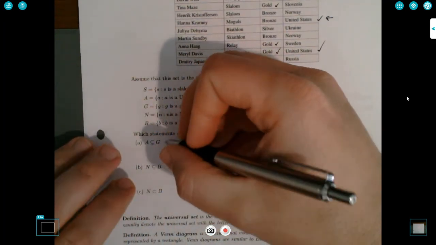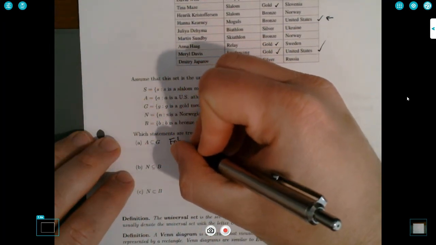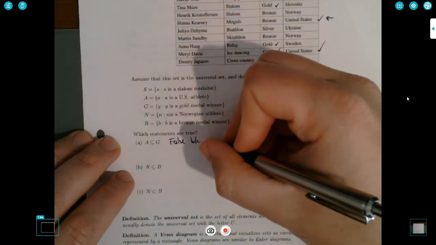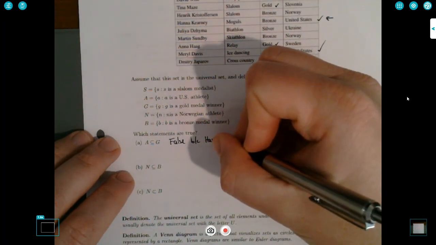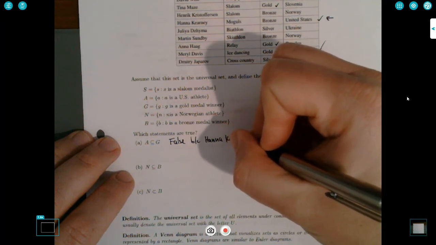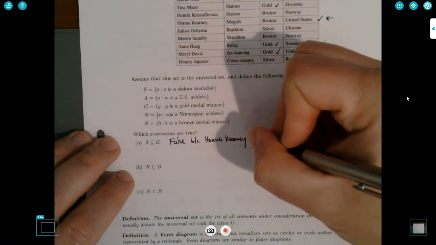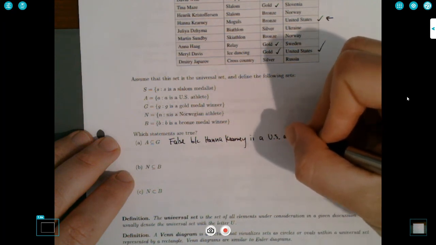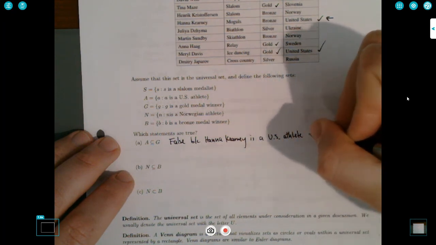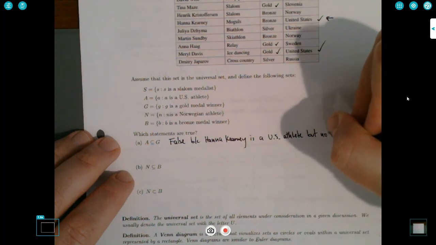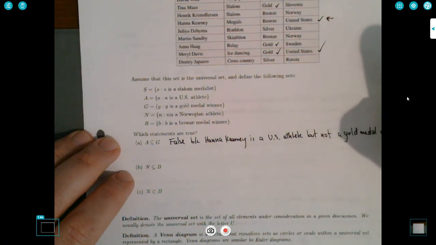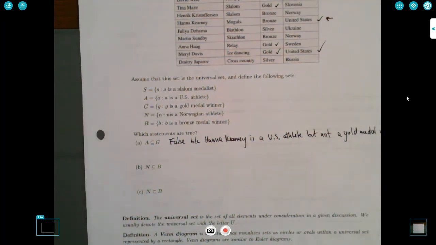So this is false because Hannah Kearney is a US athlete, but not a gold medal winner. Okay?